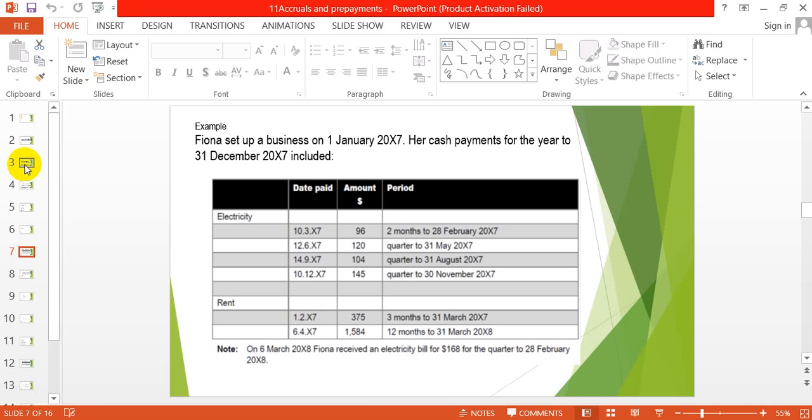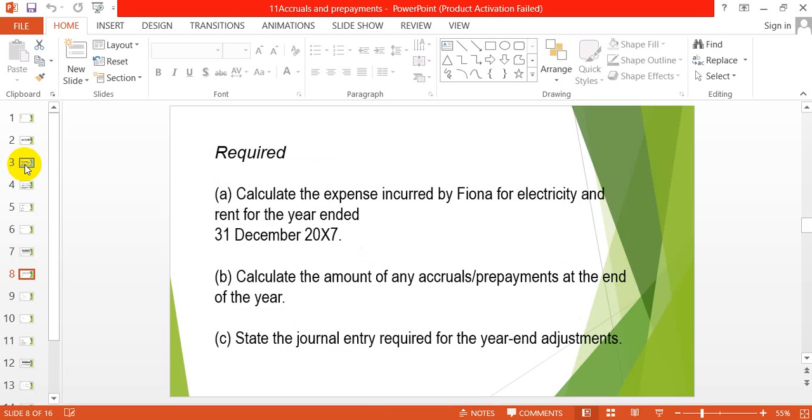We have a note which is after the year end, in which Fiona received an electricity bill of $168 for the quarter to 28th February X8. We are required to calculate the expense incurred by Fiona for electricity and for rent for the year ended 20X7.